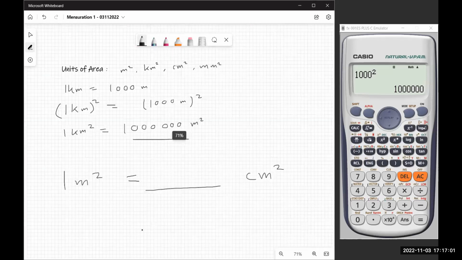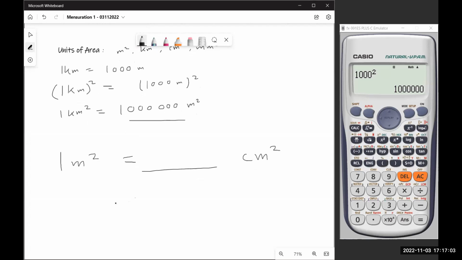How can I solve this? Not centimeter cubed. I have squares, both sides. So first I'll look at the rule for the normal ones. What is 1 meter in cm? How many cm is 1 meter? It's 100. So this should be 100 into 100.